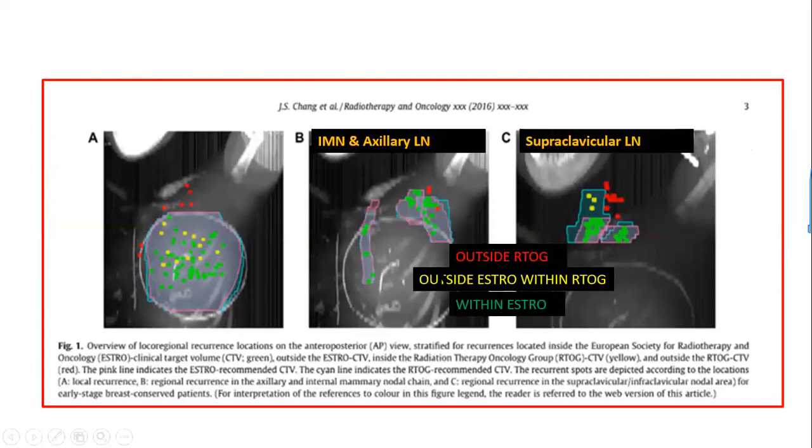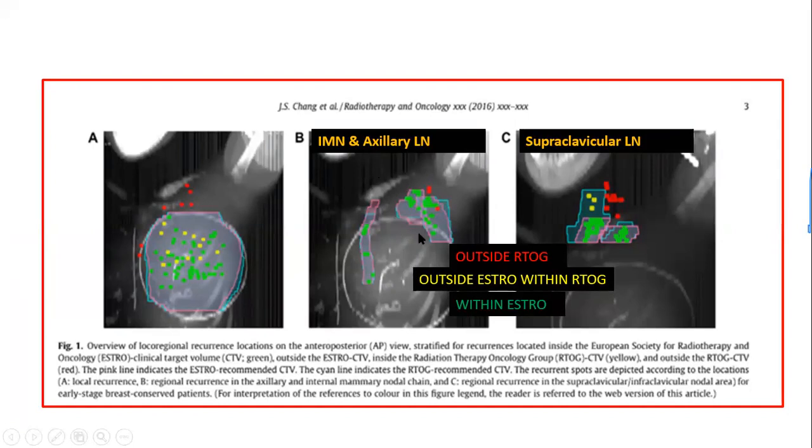If we look at this picture, in this study what we want to discuss is that we need to concentrate on outside ESTRO and within RTOG volume. If we concentrate on the lymph nodal stations of IMN and axillary nodes first, we cannot see a single relapse that is outside ESTRO and within the RTOG.